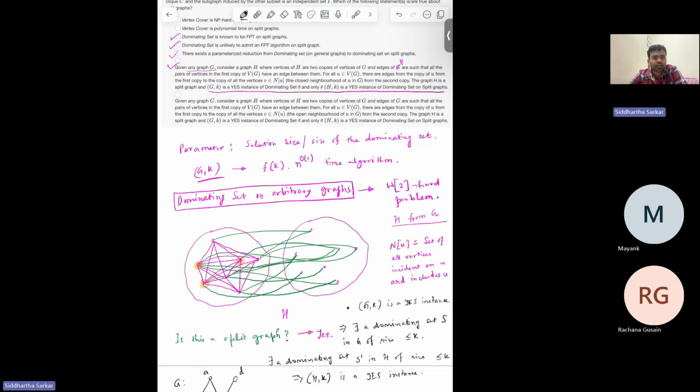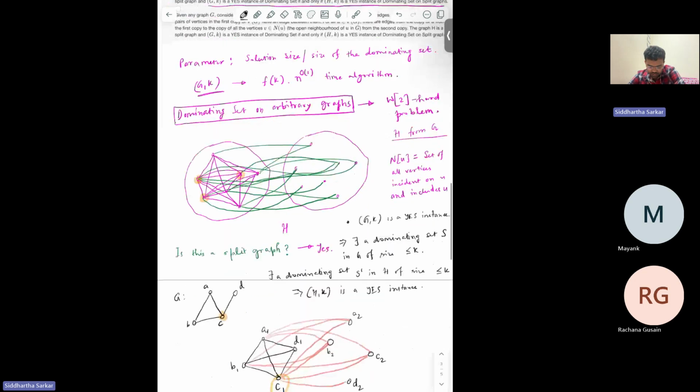So let's go ahead and look at the other part. What is the other part? We will assume that H,K is an ES instance, and then we will prove that G,K must be an ES instance by showing a dominating set of such size.